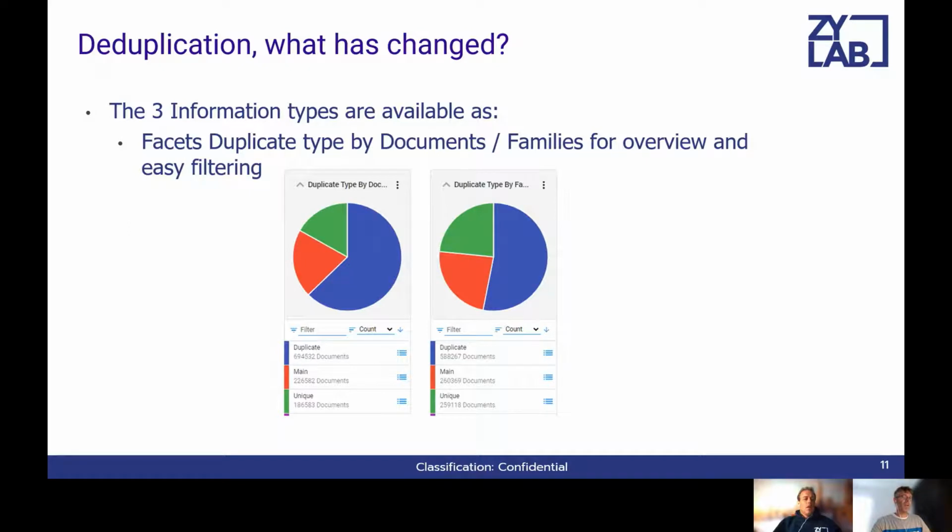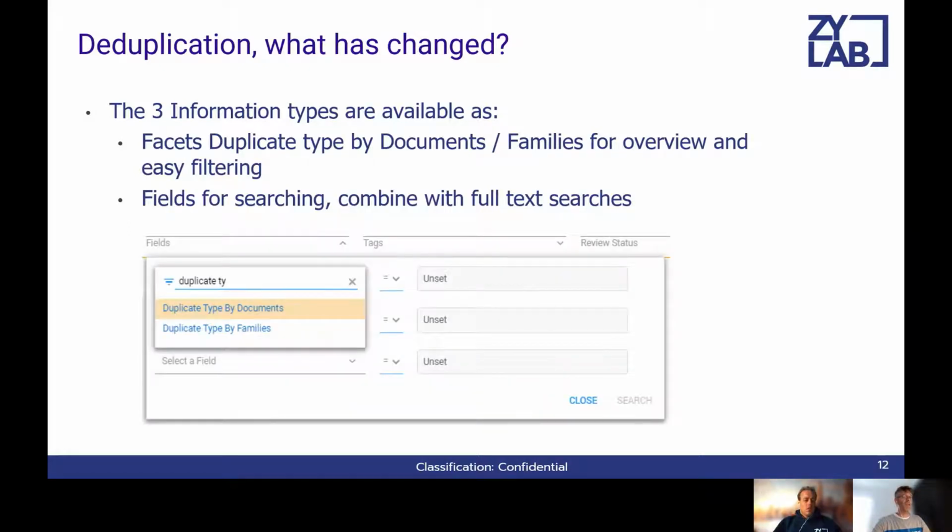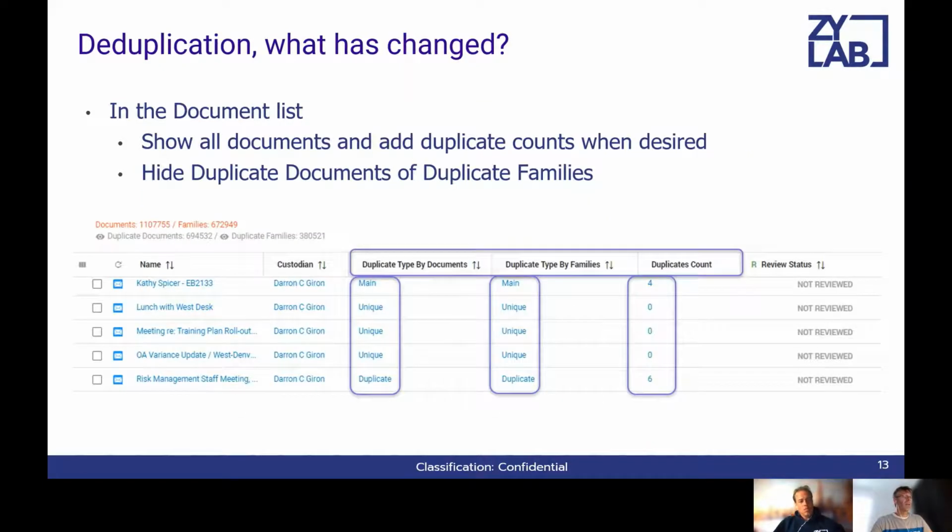This is not only on faceted level, you can use it for searching as well. So easy filtering by using the facets, but also by searching on the metadata. Combined with full text searches, this could be a starting point of your review process.